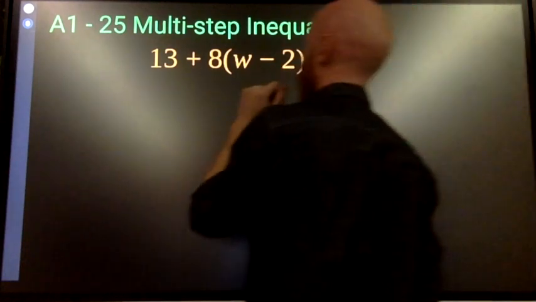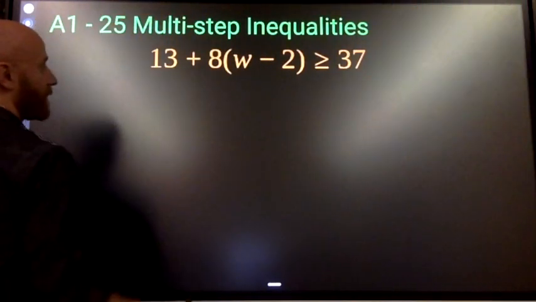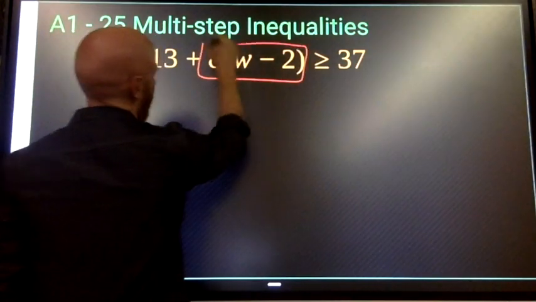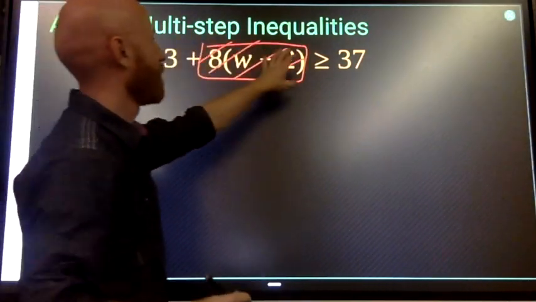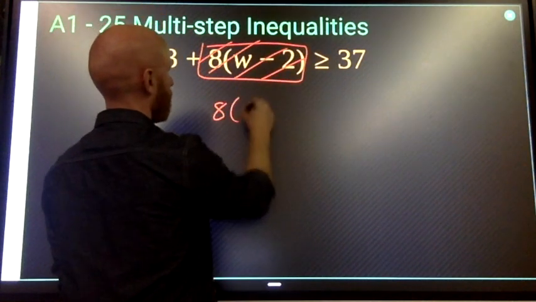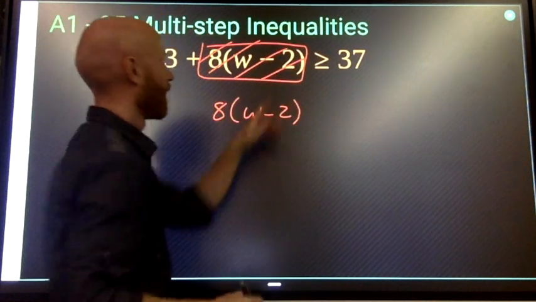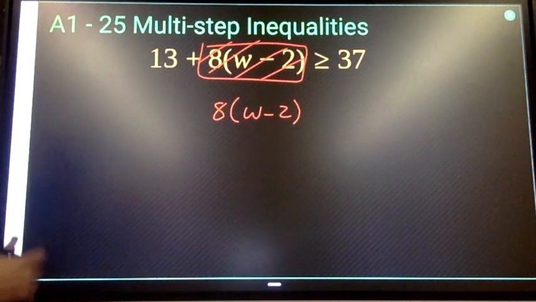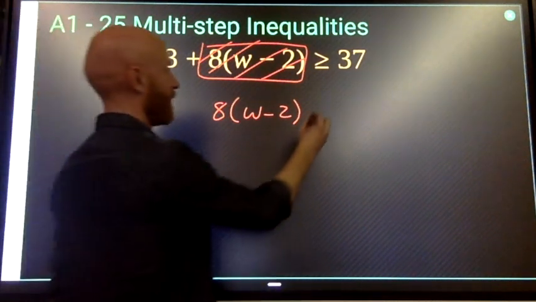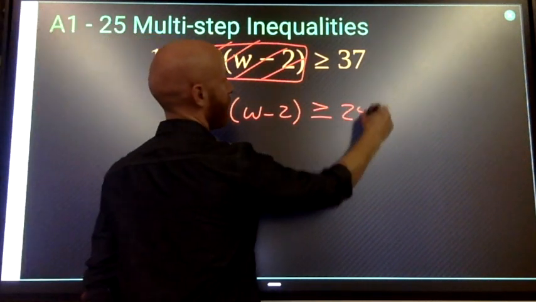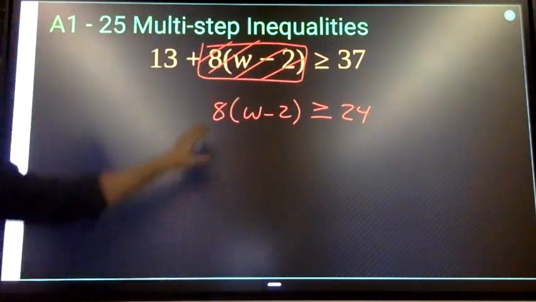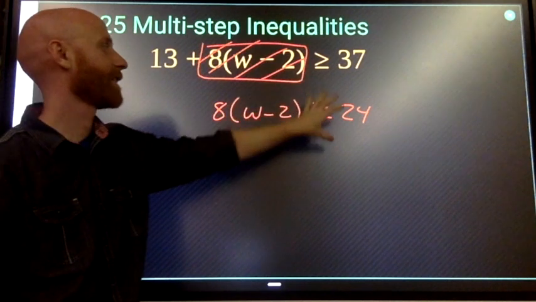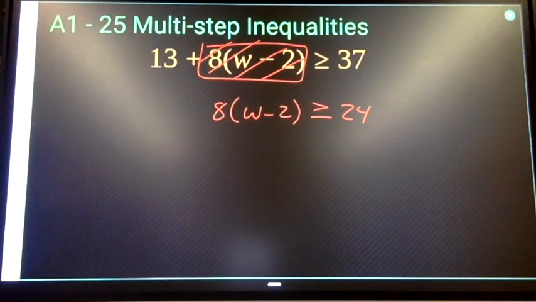All right, we only have a variable in one spot, which means I could just go straight to opposite operations. 13 plus some number is 37. That means the number is 24. All right, 24 plus 13, 37. That means what's in the box has to be bigger than 24.